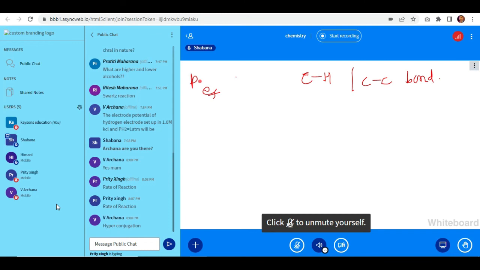Hyperconjugation is a permanent effect. You can find the electrons are moving, or the sigma bonds are moving, from CH bond or CC bond to unshared p orbitals.